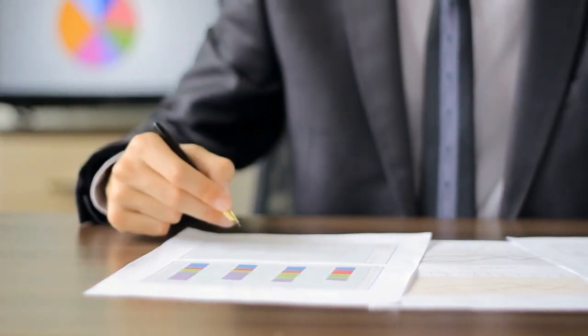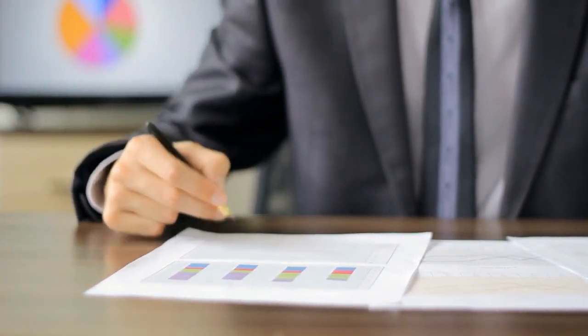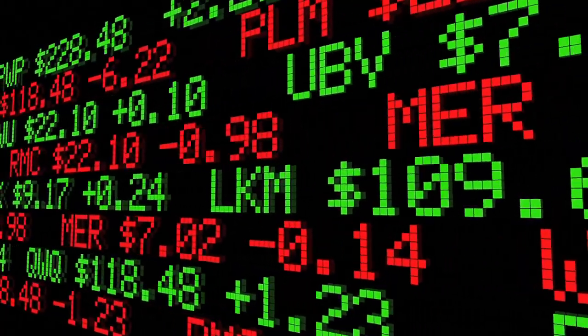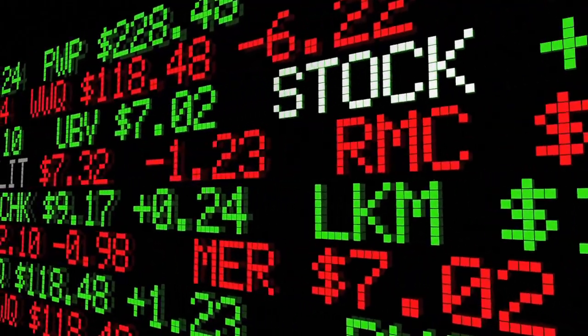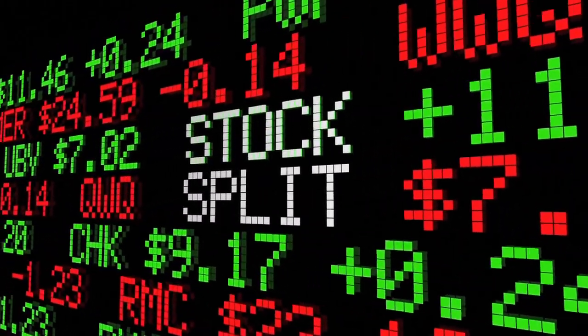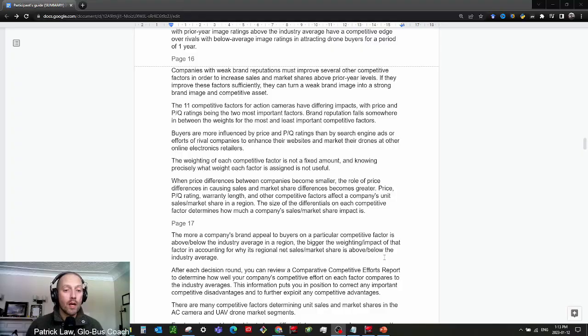The weighting of each competitive factor is not a fixed amount, and knowing precisely what weight each factor is assigned is not useful. When price differences between companies become smaller, the role of price differences in causing sales and market share differences becomes greater. Price, PQ rating, warranty length, and other competitive factors affect the company's unit sales market share in a region.